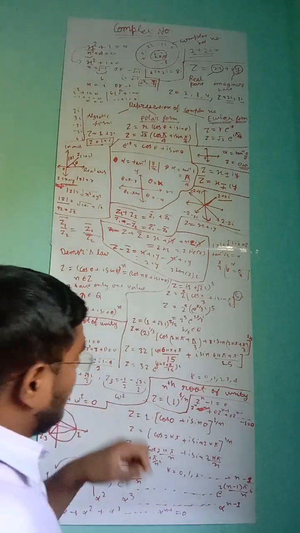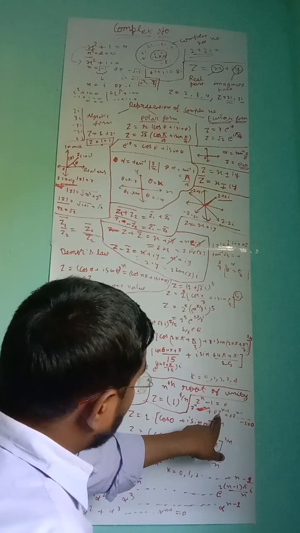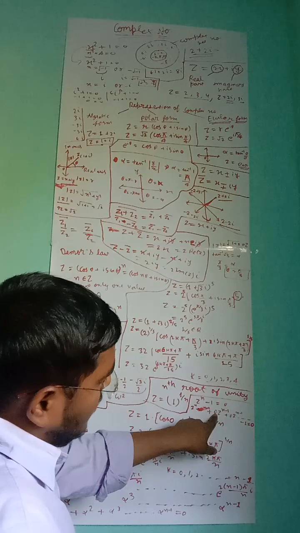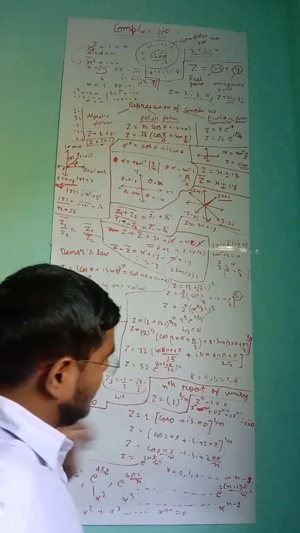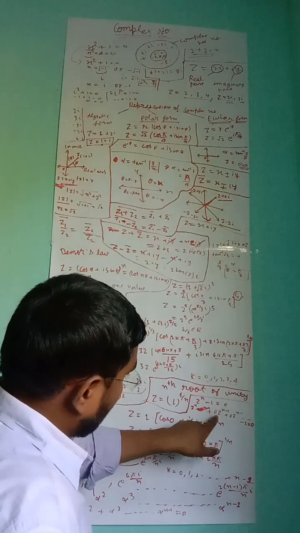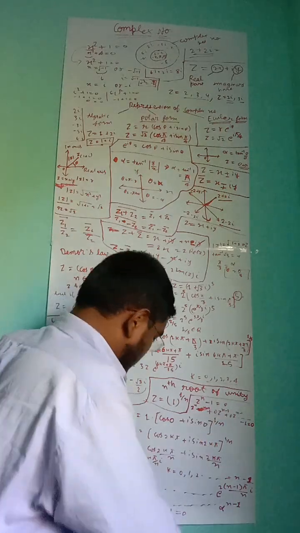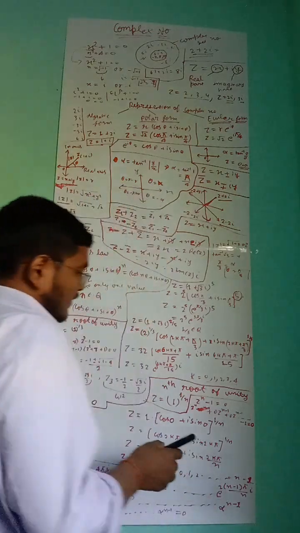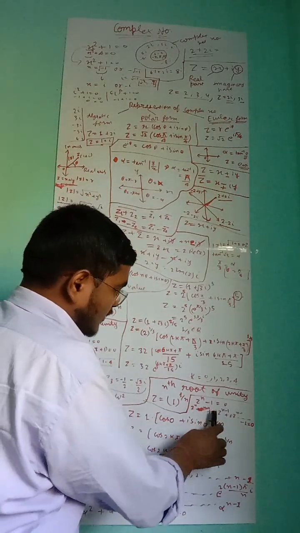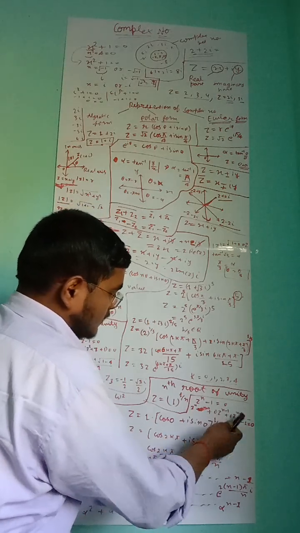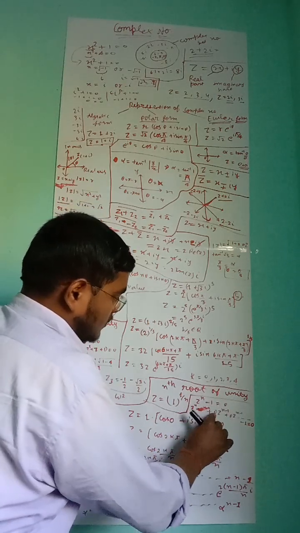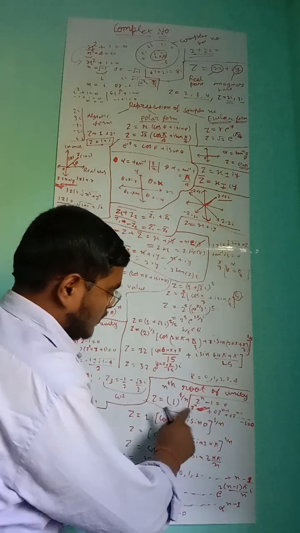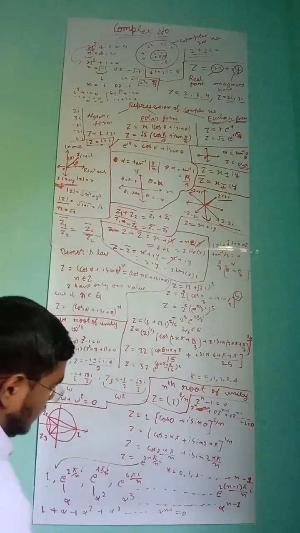Okay, so see here, the coefficient of z power n minus 1 is 0 here. So the sum of roots of the equation is basically minus the coefficient of z power n minus 1 upon the coefficient of z power n. So 0 upon 1, that is 0.